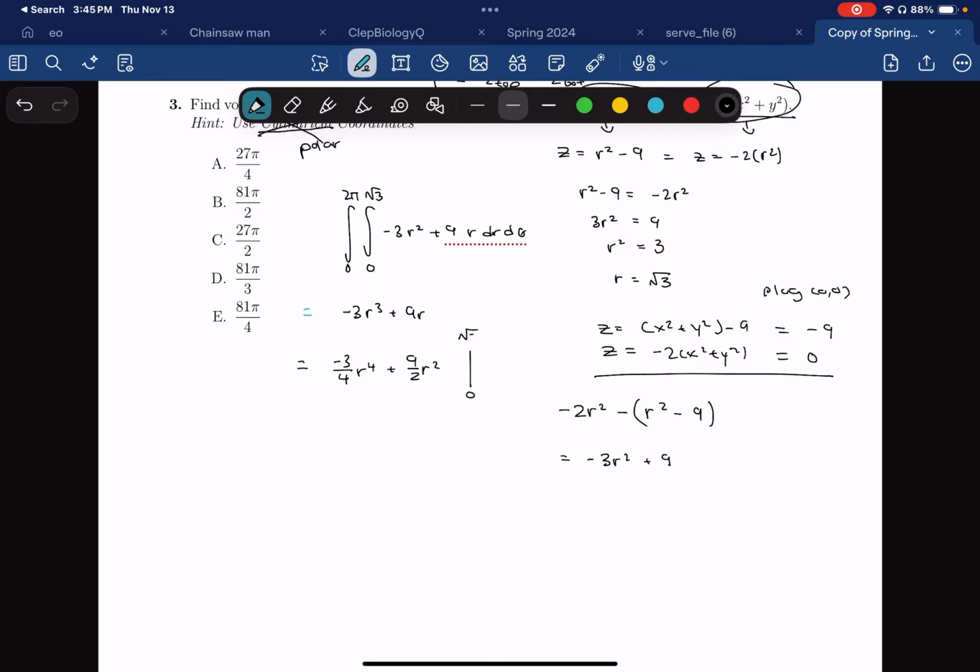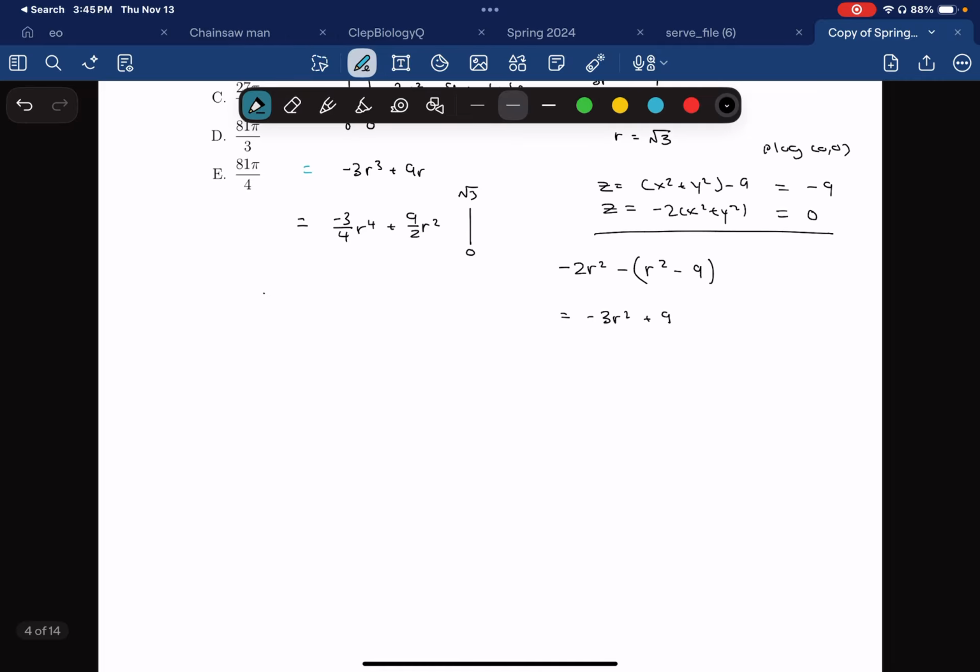Once we plug those in, we get negative 3 over 4 times square root of 3 to the 4th, which will be 9, plus 9 over 2 square root of 3 squared, which will just be 3. So you get negative 27 over 4 plus 27 over 2. You can turn this into 54 over 4, which gets you positive 27 over 4.